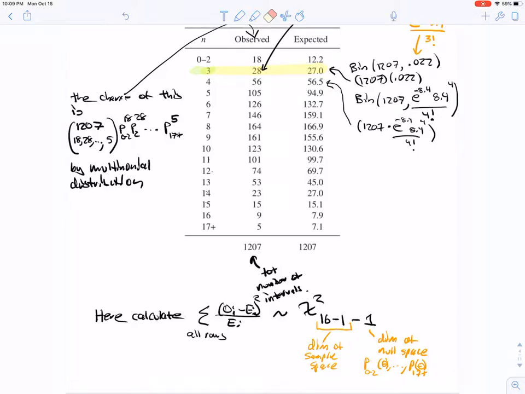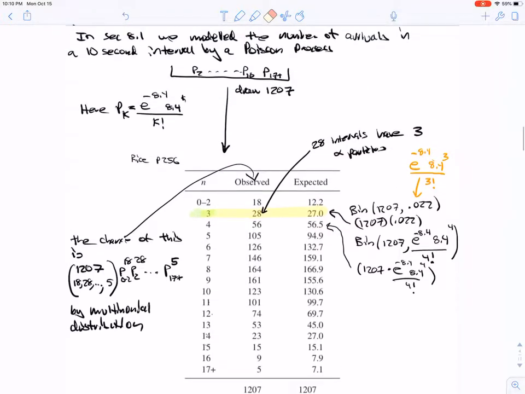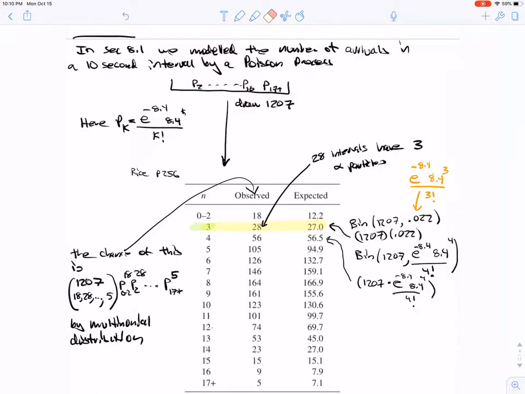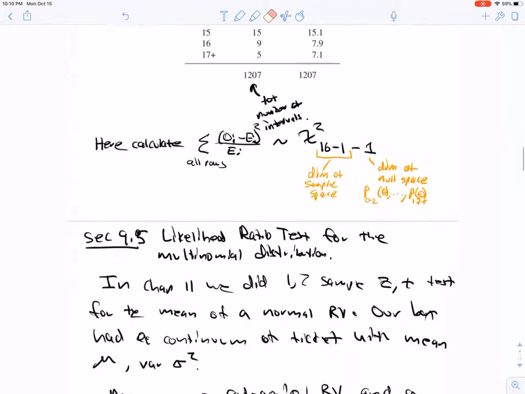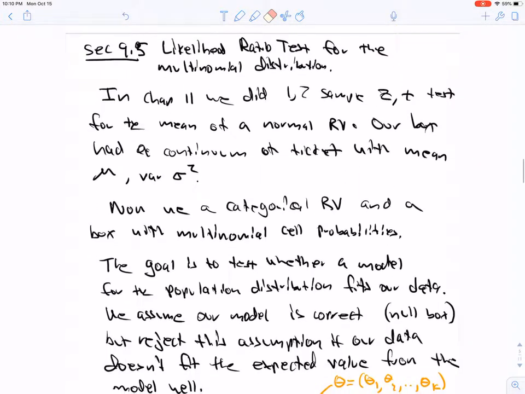So it's 16 minus 1. And then minus 1 is because of the dimension of the null space. The null space is one dimensional because our null is that our box is following a Poisson. The probabilities in our null box are Poisson, which have a single parameter. That single parameter needed to be estimated, so we subtract 1.